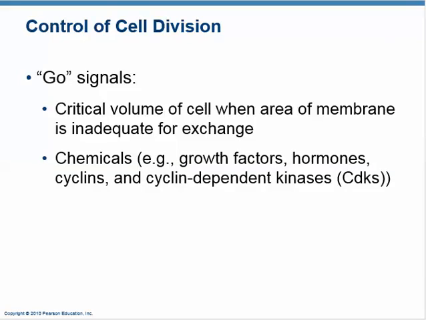So how does the cell know when it's time to divide? Well, they grow to a certain point where the volume, which is expanding cubed, like to the third power, outgrows the ability of the cell membrane, which is expanding squared, to the second power, and there's inadequate exchange, so you have to divide it.